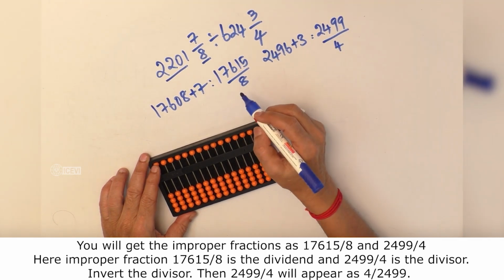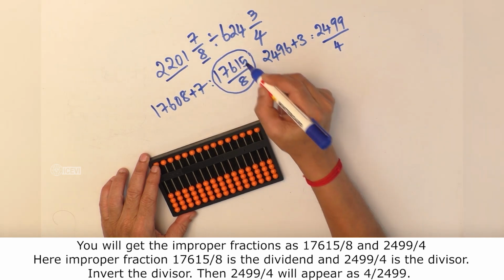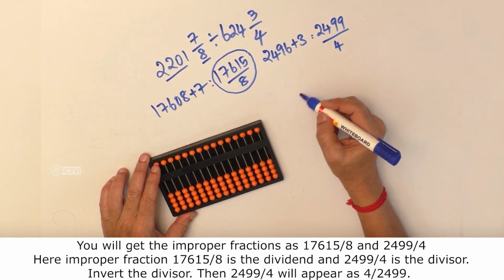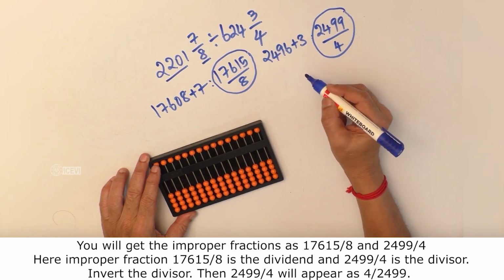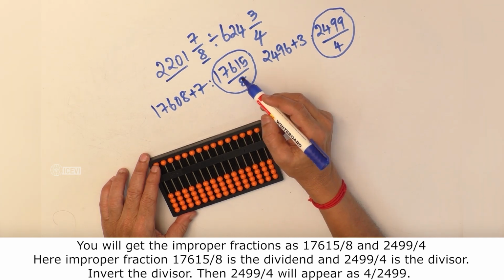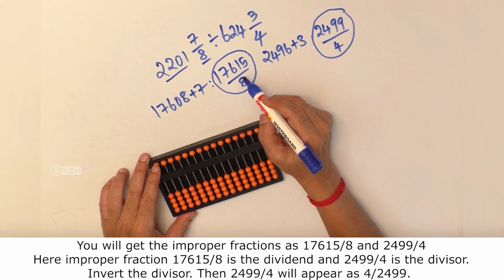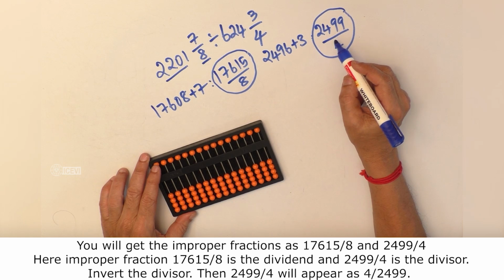You will get the improper fractions as 17,615 by 8 and 2499 by 4. Here, the improper fraction 17,615 by 8 is the dividend and 2499 by 4 is the divisor.